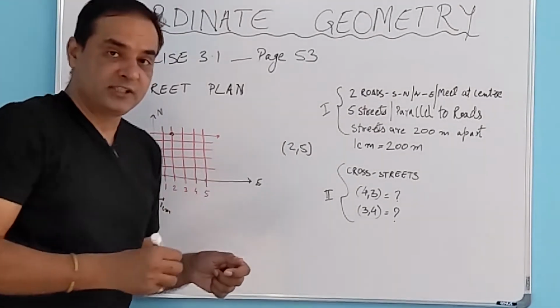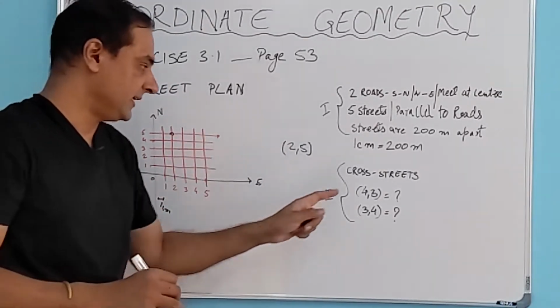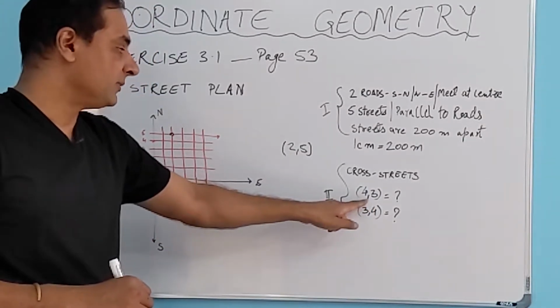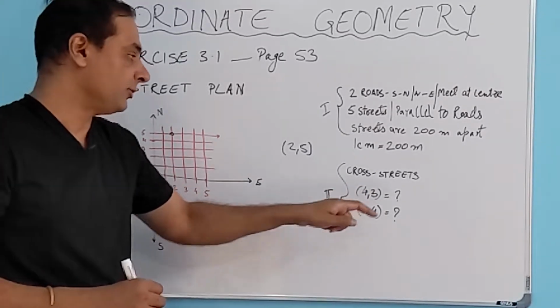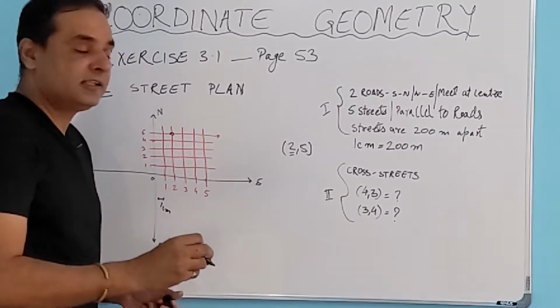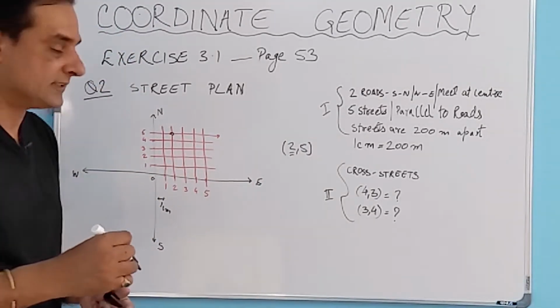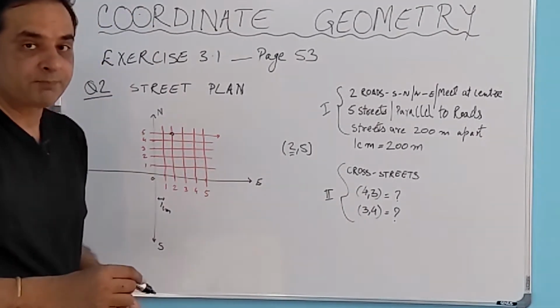Now with this assumption and definition of 2 and 5 in this respect, the question is how many cross streets can we identify with number 4, 3 or with this nomenclature 4, 3. So given that in 2 and 5 the first number was actually the street which is running north and south, we say 4 is the number of street which is running in the direction north and south.